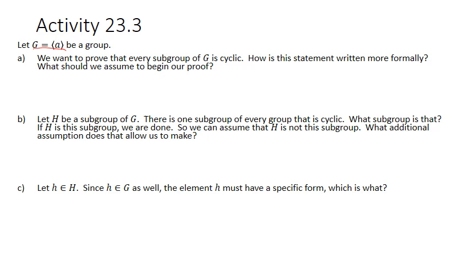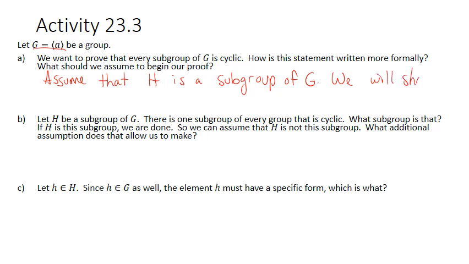So I think what we should do is we should assume that H is a subgroup of G, and then what we need to do, our goal will be to show that H is cyclic.